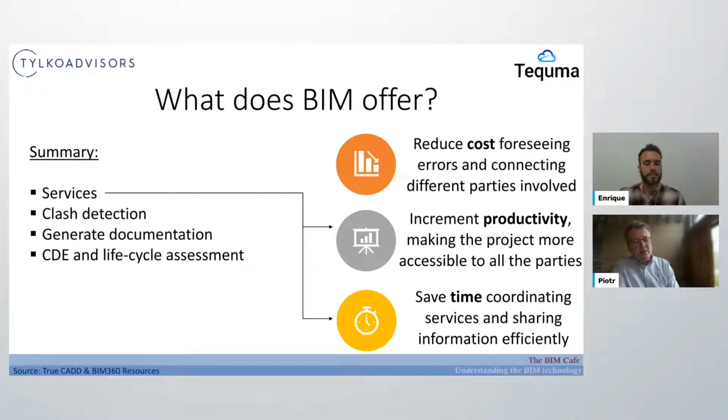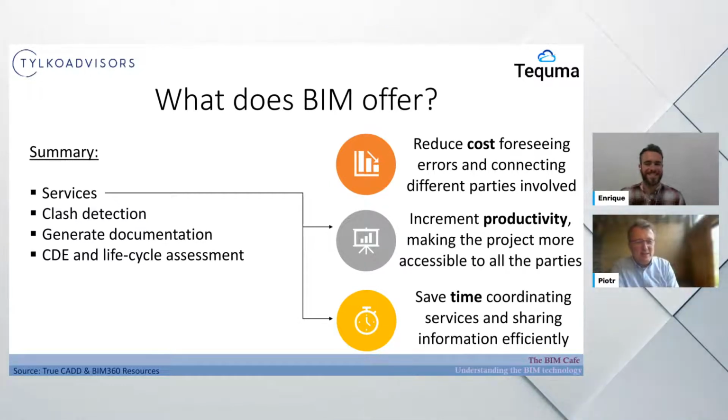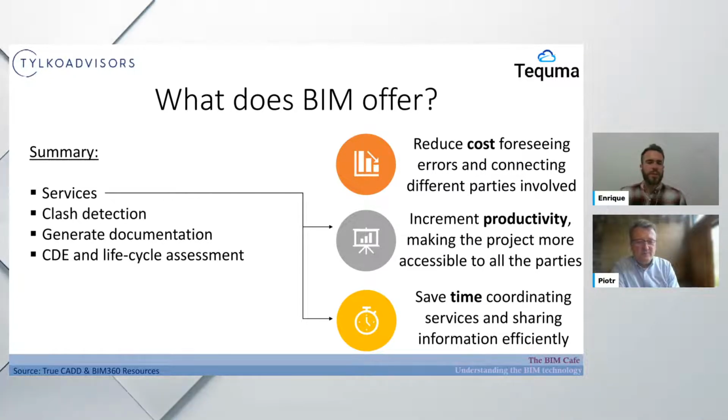Do we have any data on how much productivity we can gain on this? I always like the consultants who come saying, oh, I can increase your productivity, but is there any data from the market showing what increment we can have in terms of the project? Yeah, there are some reports that you can save in the construction phase.